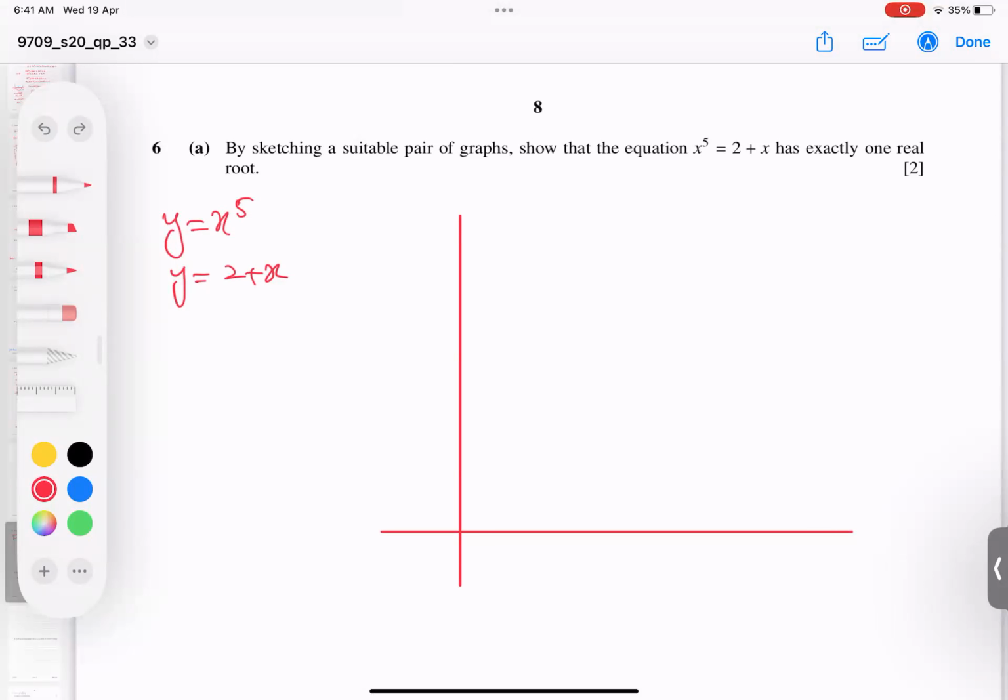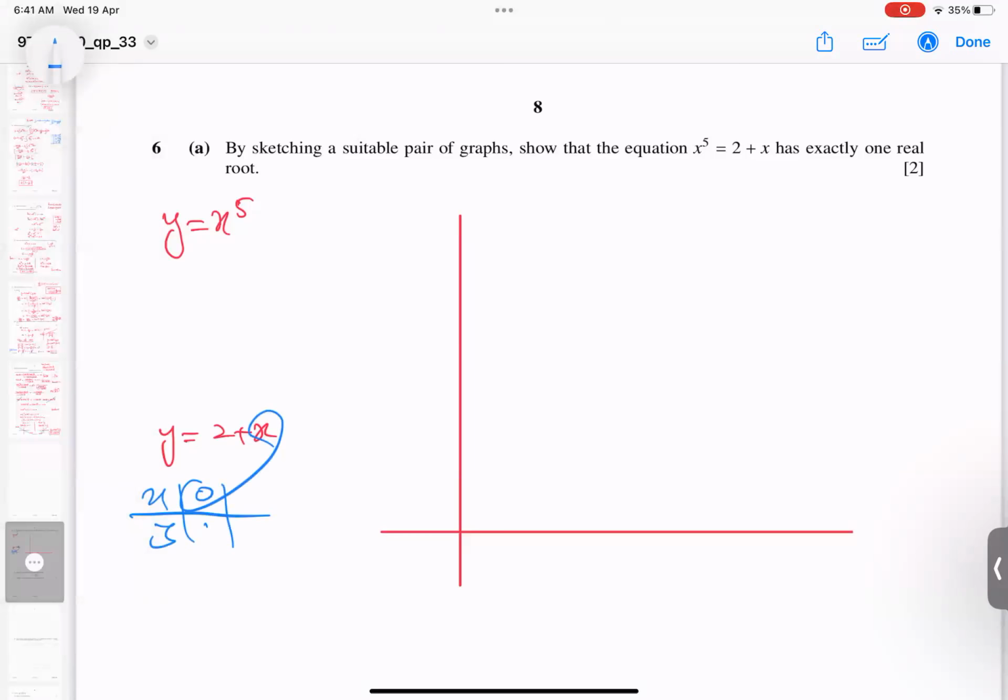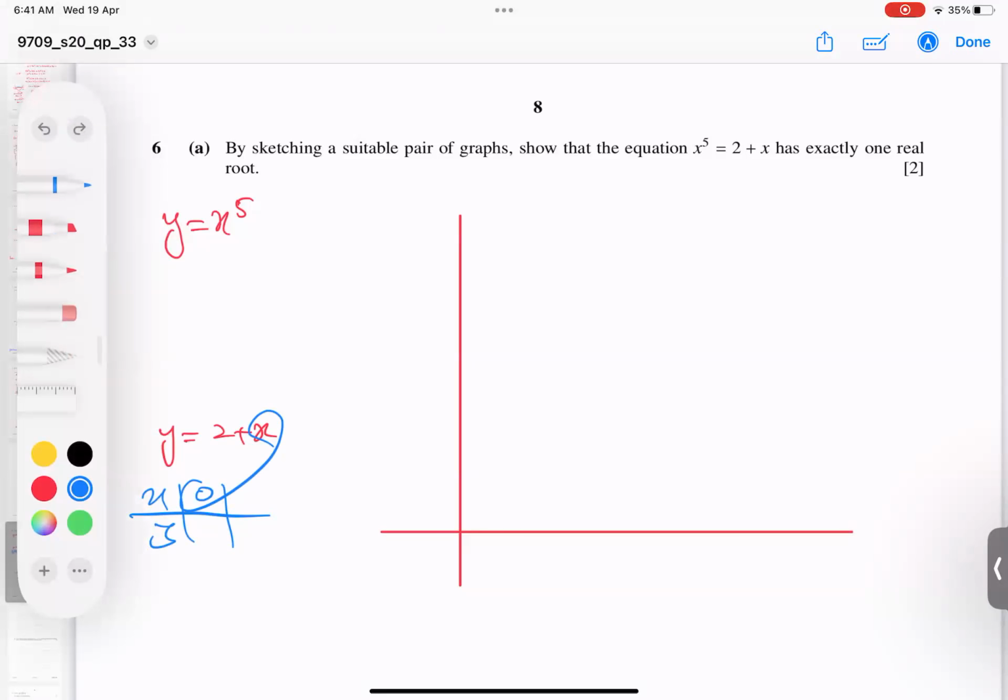For the lower part, it is not a hard job because it is a straight line. Two points are enough. So let's start. I plug in x equals 0, I get y value 2. I plug in x equals 1, I get 3.